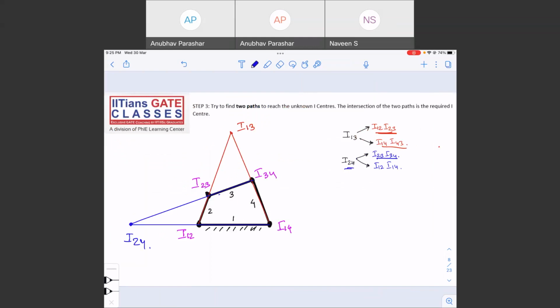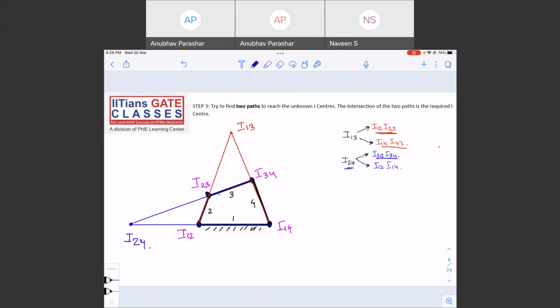Machines are structures, but if you simply draw the skeleton of the machine, it will be some mechanism. If you know the velocity of the input, you should be able to find out the velocity of the output. That is what we try to learn in this chapter.